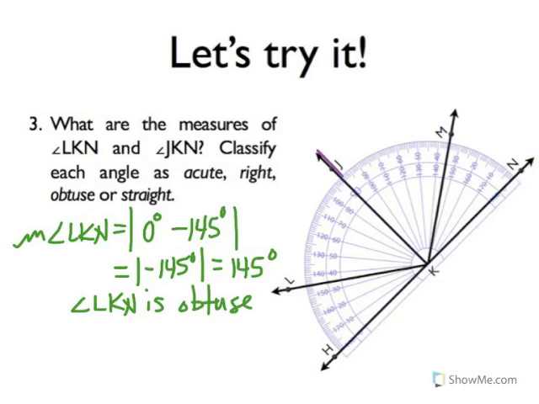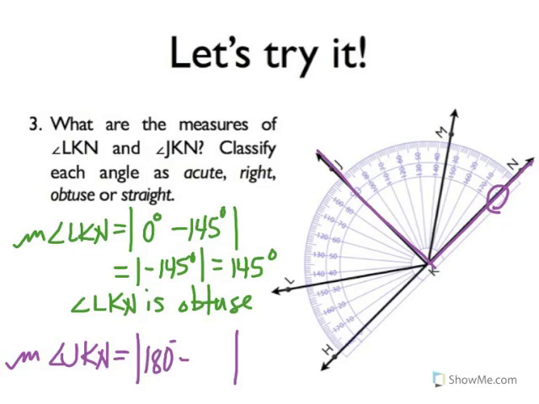Alright, so now let's take a look at angle JKN here. The measure of angle JKN is going to equal the difference between, shall we use the inside numbers this time? 180 degrees minus, in this case, notice that up here at the top, 90 is the same whether you're inside or outside.